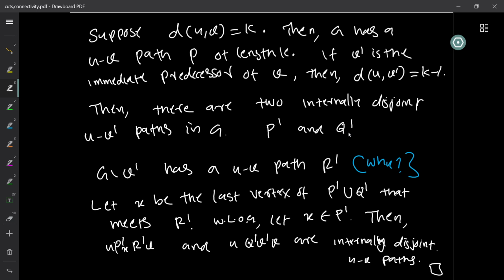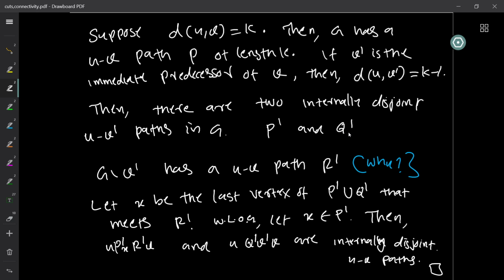So as we mentioned before, there are two internally disjoint paths, P' and Q', from u to v' by induction hypothesis. And because there is no cut vertex, G minus v' has a uv path R'.